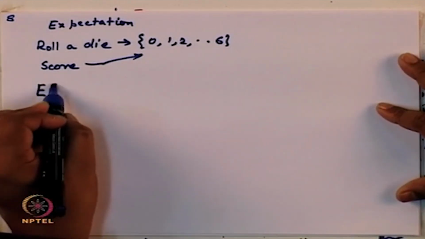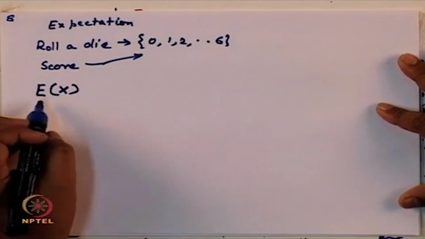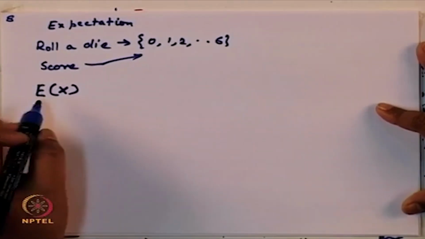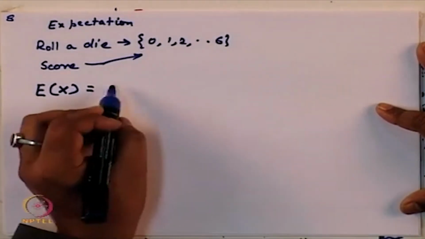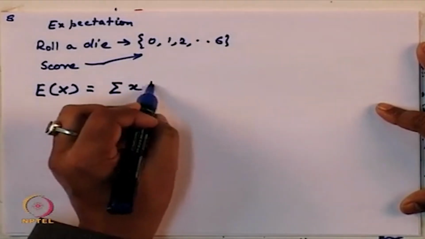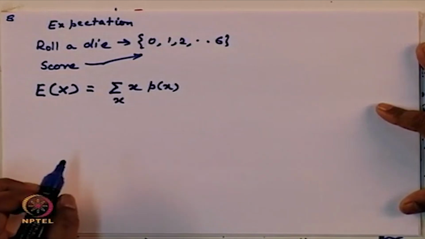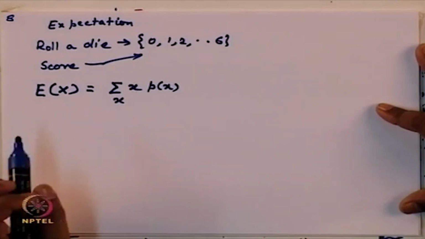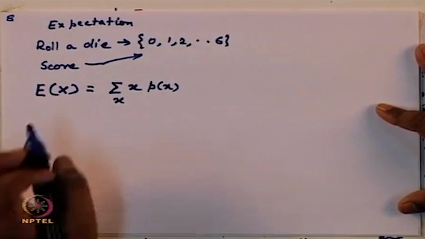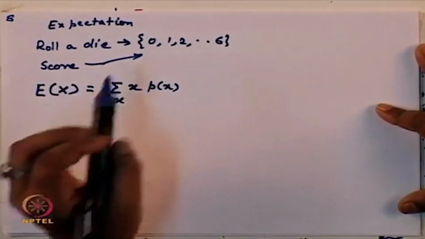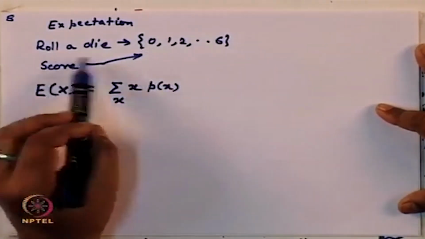So, expectation of a random variable x is defined as E of x, and it is defined by summation of x p(x) over all values of x. Now, let us compute the expectation for the rolling of a die.